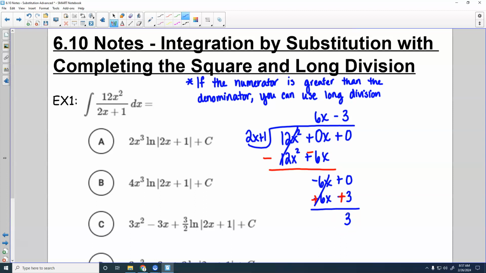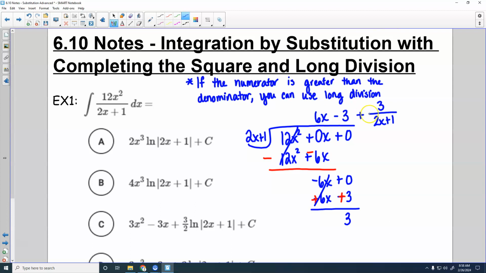So what I've got here is a remainder. What we're going to do with our remainder is we're going to write it this way. We can take the remainder and put it over whatever we were dividing by. Okay. Are we okay here?